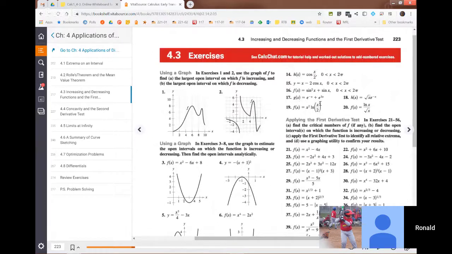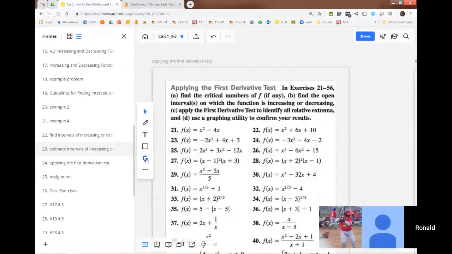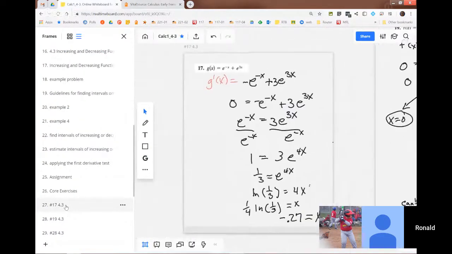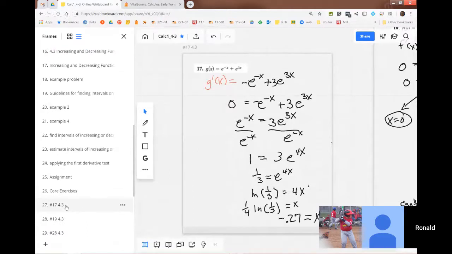So 17 is e to the x, e to the negative x plus e to the 3x. So there's our function. Find the derivative. Does that derivative look correct to you guys? Yeah. Set it equal to 0. So we're trying to find the critical numbers.